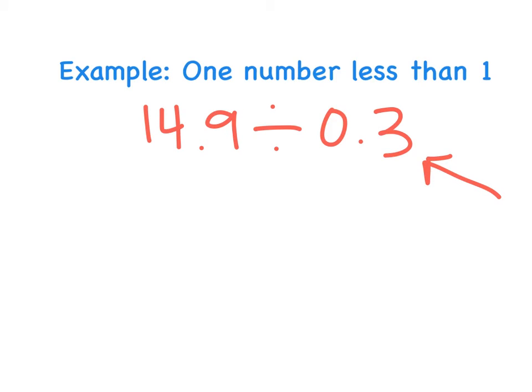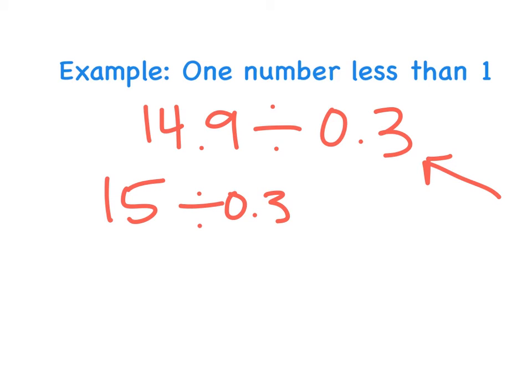When your divisor is less than 1, it gets a little bit tricky, but you guys can still do it. Again, start with that second number, and actually I feel pretty good about keeping that 0.3. I'm good at my 3's facts. Maybe you are too, so you might want to keep that the same. And I know that 3 goes into 15, so I'm going to choose that for my dividend.